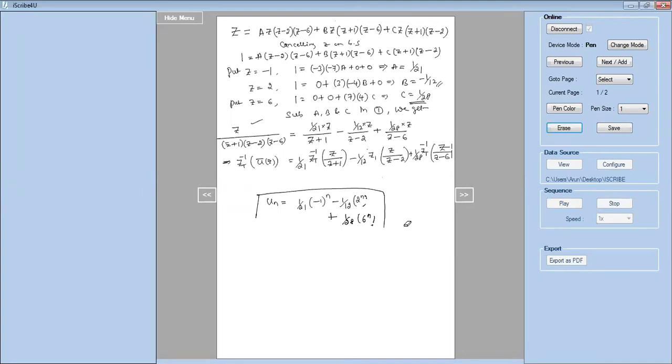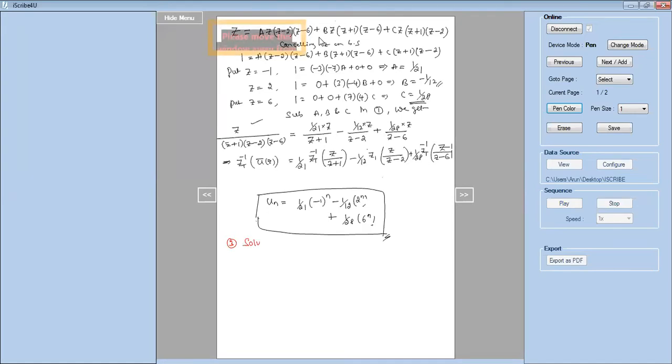So this is the solution of your difference equation, right? So this is how we can solve a difference equation by using Z transformations. So we'll start problem number 3.